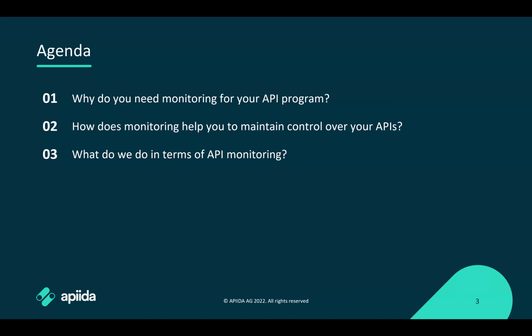Also, the API management layer belongs to your assets and your system infrastructure, and therefore you should monitor them. But let me still reiterate why it's important from my point of view. Maybe you will find one point or the other interesting or helpful for you.